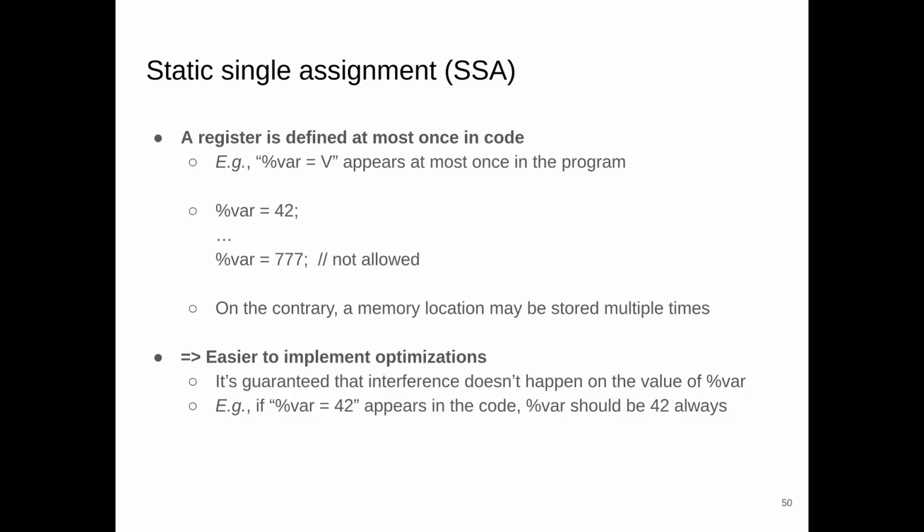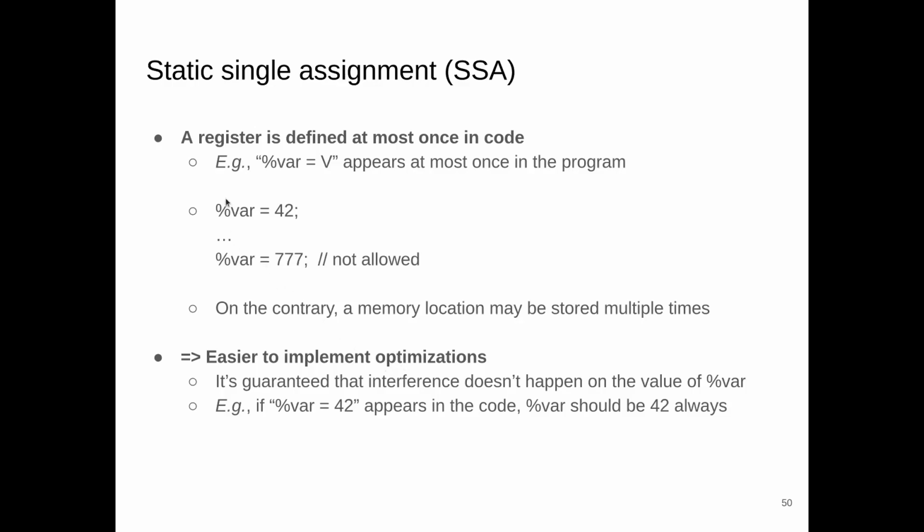It helps the analysis of the optimizations in compilers, because it is guaranteed that there is no interference on the register that is just being defined. If $var is defined as 482, then it is guaranteed that there are no other instructions that assign other values to the same register, which would be an interference on the analysis.